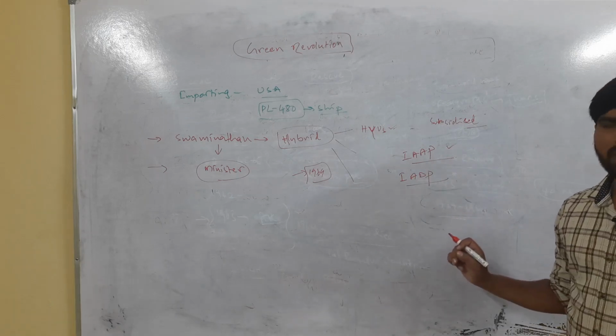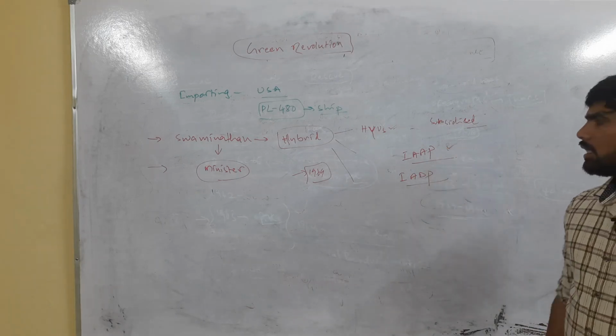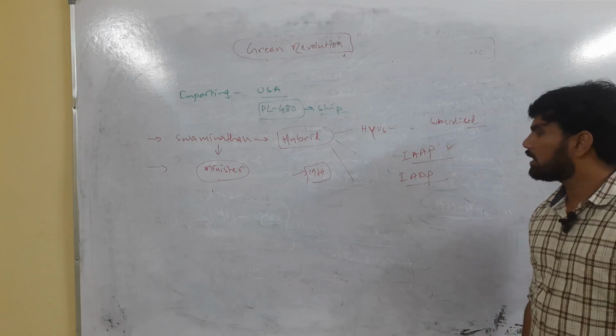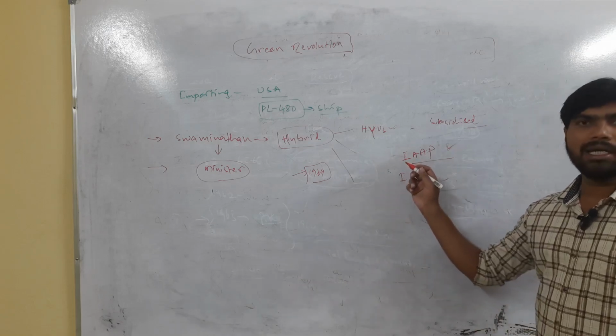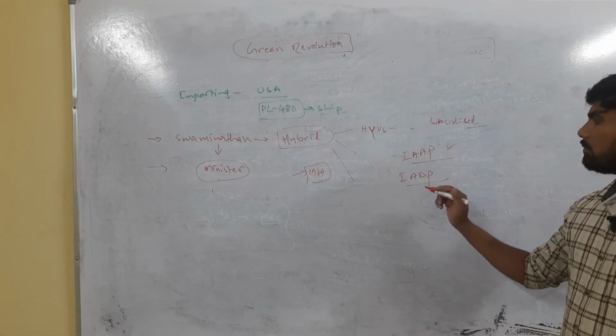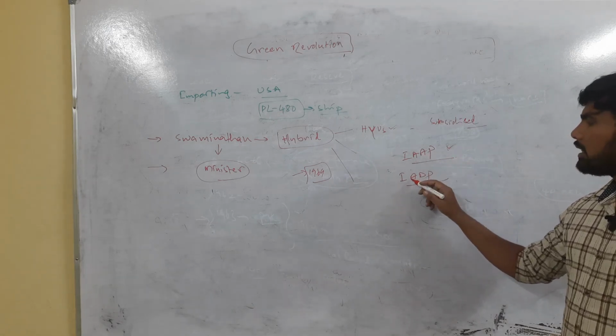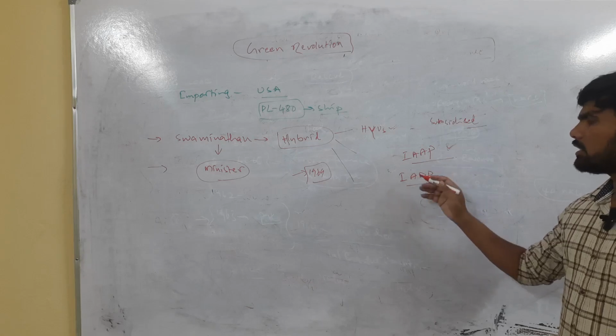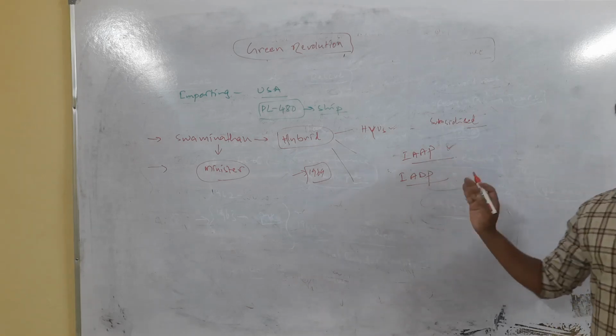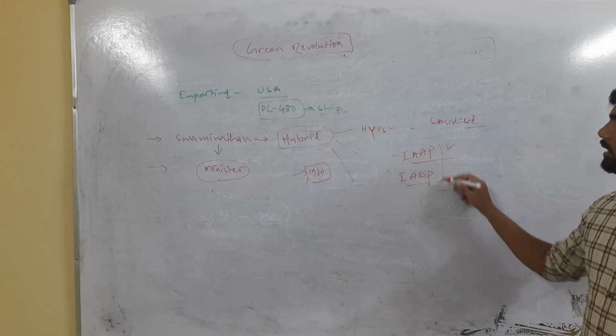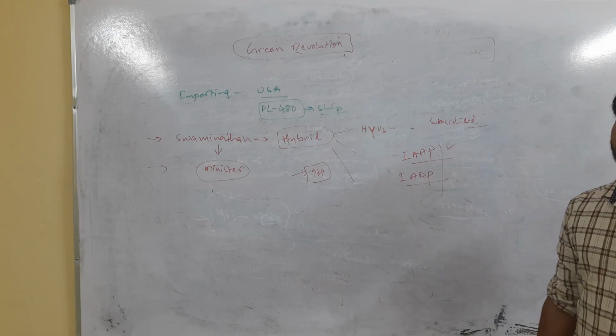These are very, very important. Intensive Area Agriculture Program and Intensive District Agriculture Program, or something like that. Two programs have been started.